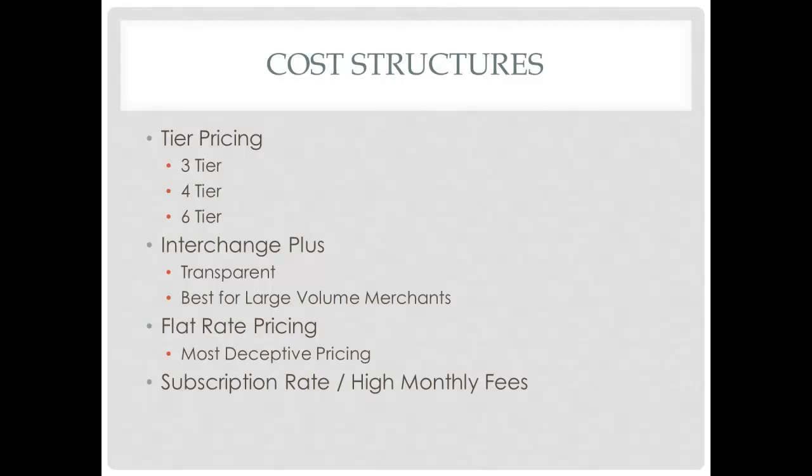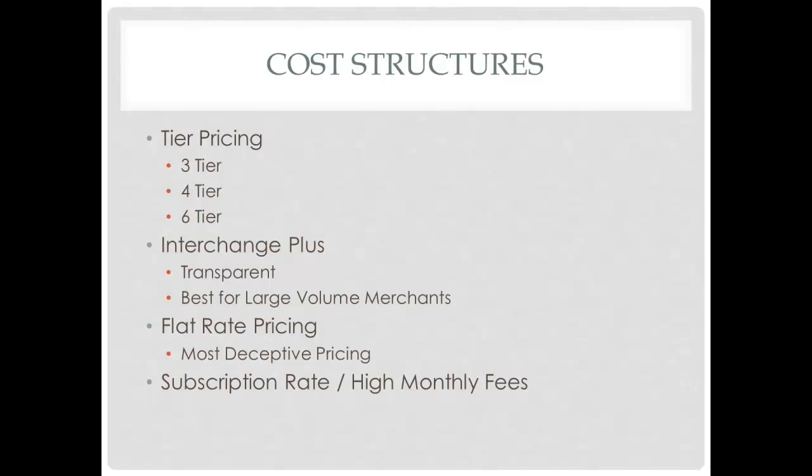Matt and I were just talking about a few situations, and he'll mention that later. But on 4-tier pricing, it doesn't matter if it's a check card or a credit card, even though the qualified rate is split with two different rates, one for check cards, one for credit cards. On 4-tier pricing, the mid-qualified and non-qualified rate is the same for check cards and credit cards.